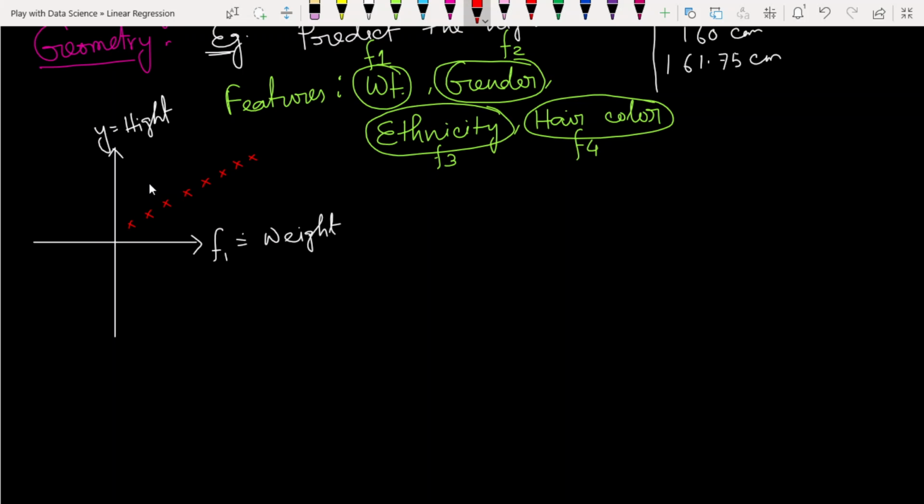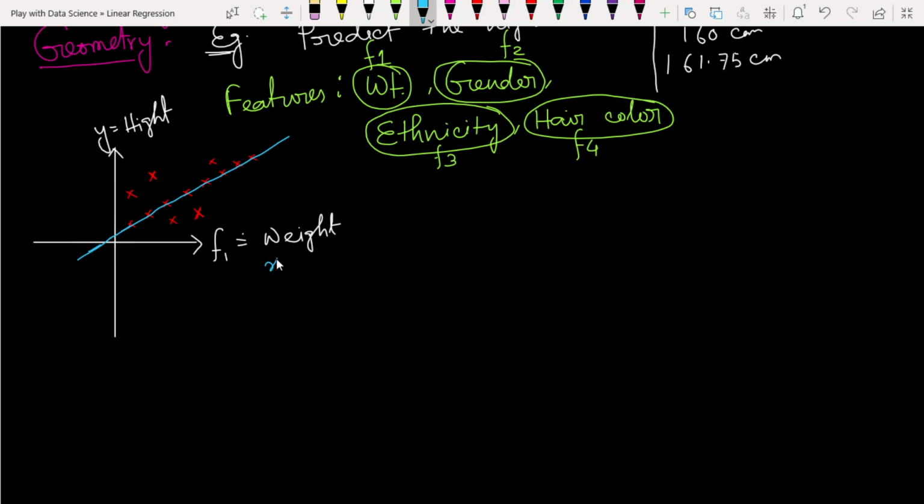So let's say there are two exceptional points here. But you can see that the best fit of this data is our blue line, the line that touches the maximum number of points.